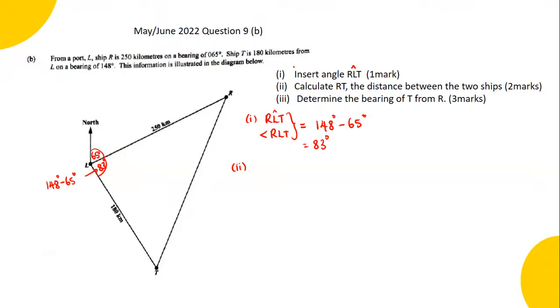Question 2, they said calculate RT, right? So RT, basically this distance they want us to calculate. Calculate RT, the distance between the two ships. Now, usually more than 98% of the times, whenever you have to calculate the distance in this form, and it's a bearings question, you have to use the cosine rule.